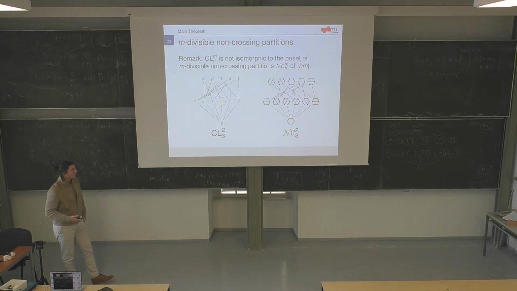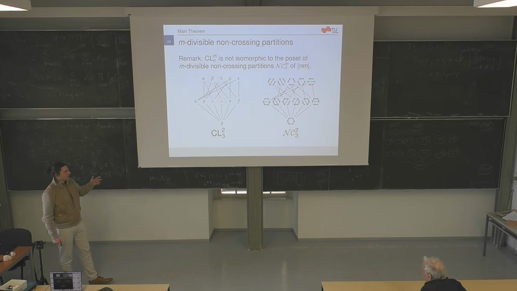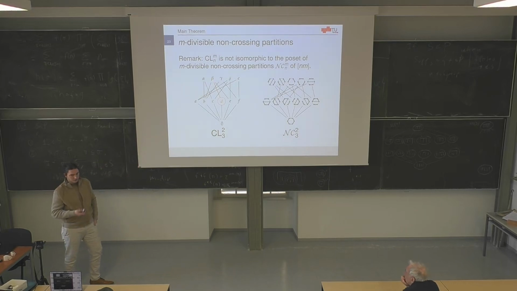Now the interesting point is that by Armstrong, the same numbers hold for the poset of m-divisible non-crossing partitions, but our result is different because the co-label order of the v-Tamari lattice is not isomorphic to the poset of m-divisible non-crossing partitions.